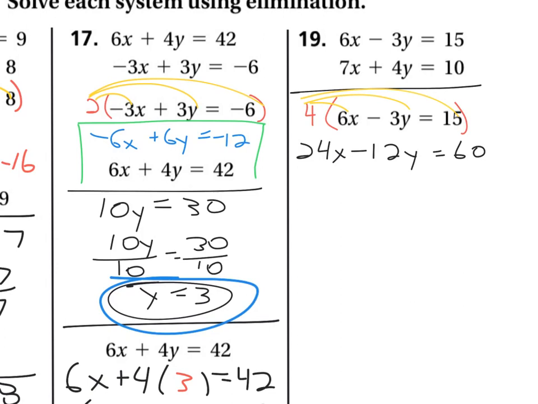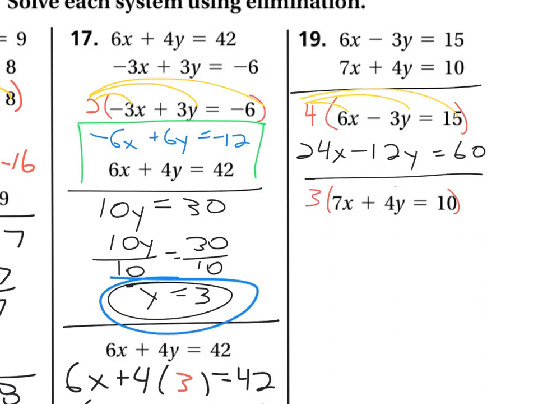Okay? We're going to use that, and I'm going to grab this equation, and I'm going to do it here for this one. What do we need to multiply by? We're going to need to multiply this one by, remember we're trying to turn it into 12y, so I'm going to multiply this one by 3.